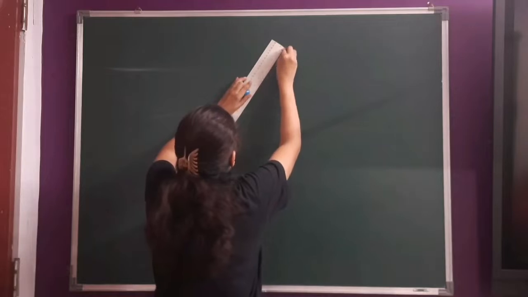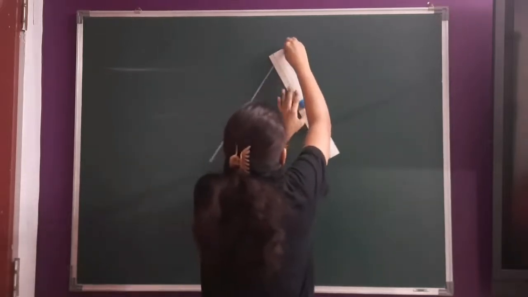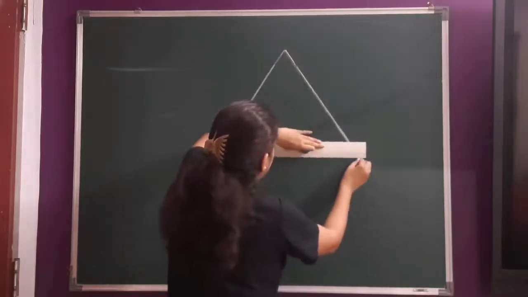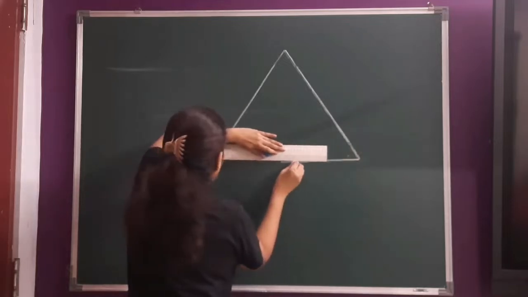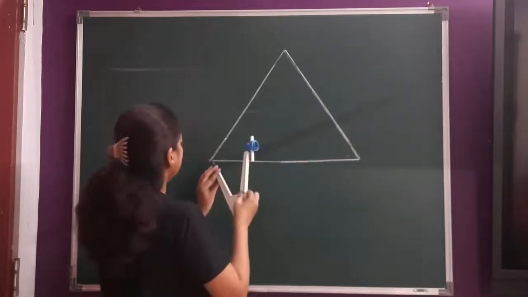So children, let's revise. So I'm drawing the incircle again, just taking any triangle. Now drawing two angle bisectors here.